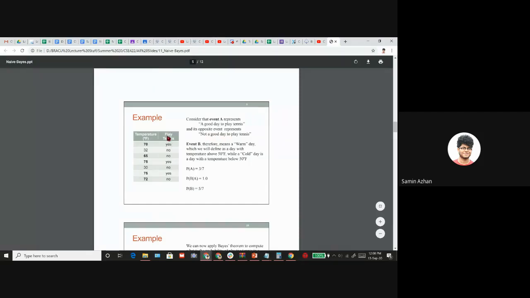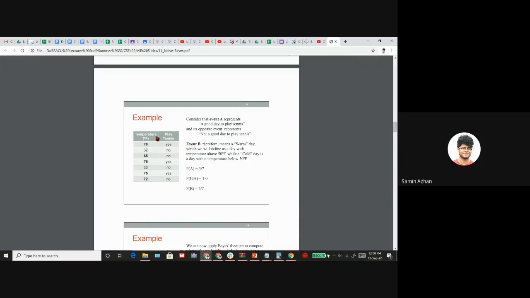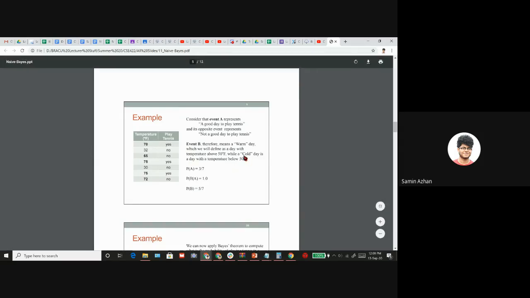So play tennis is A, yes and no, and event B is a warm day, which is assumed to be a temperature above 50 degrees Fahrenheit. If it's below 50, it's considered cold.